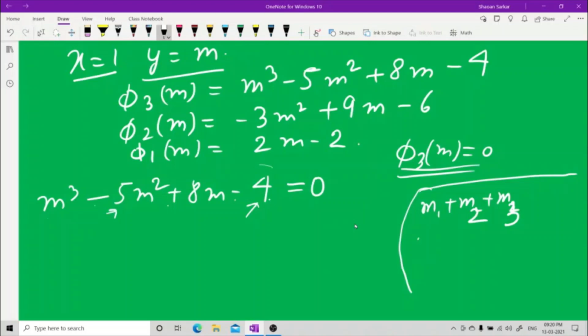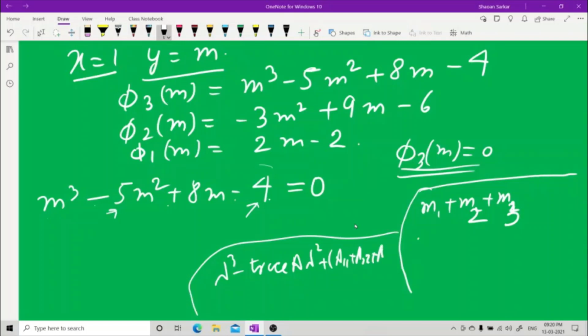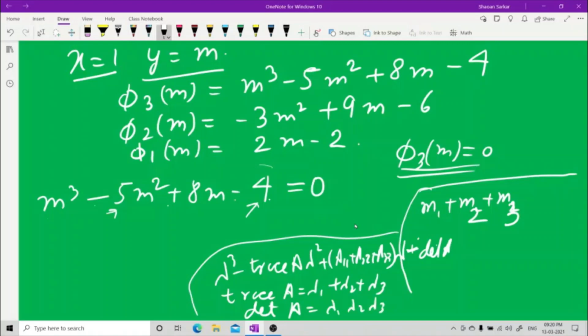Lambda cube minus trace A lambda square plus A11, A22, A33 lambda minus determinant A. And trace A was lambda 1 plus lambda 2 plus lambda 3, and determinant A was lambda 1 lambda 2 lambda 3. बस यहाँ पे लैम्डा 1 लैम्डा 2 ना हो गई, m1 m2 m3 है.